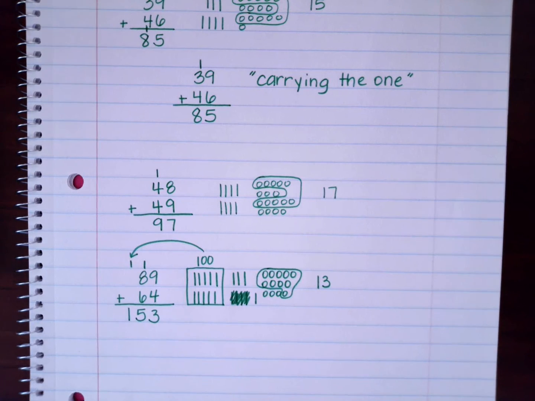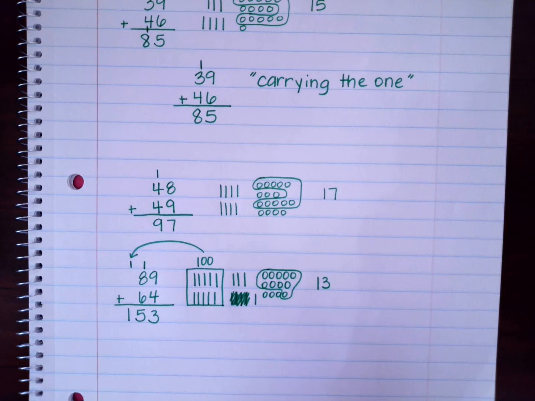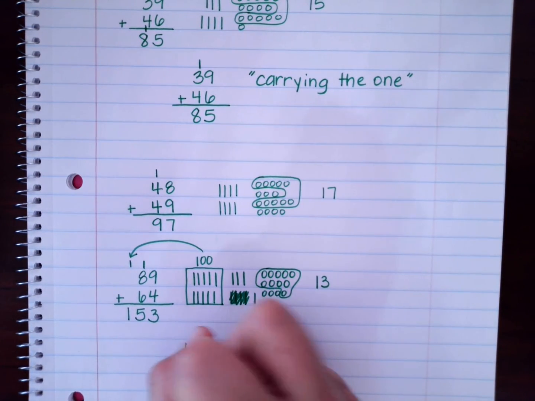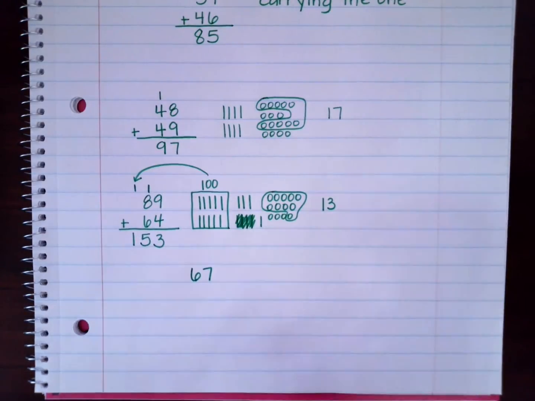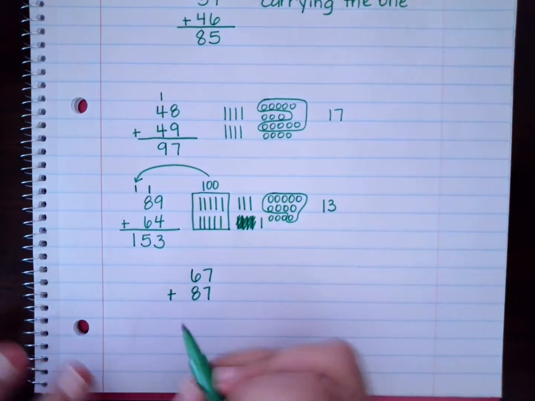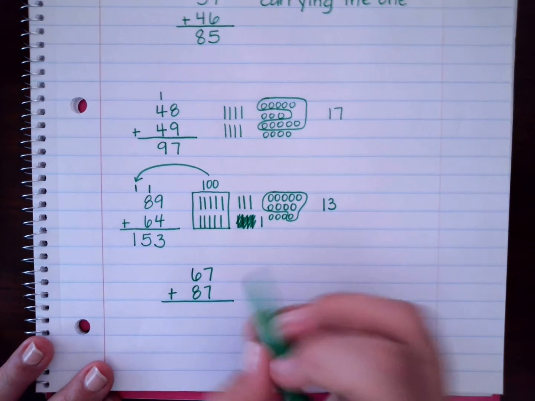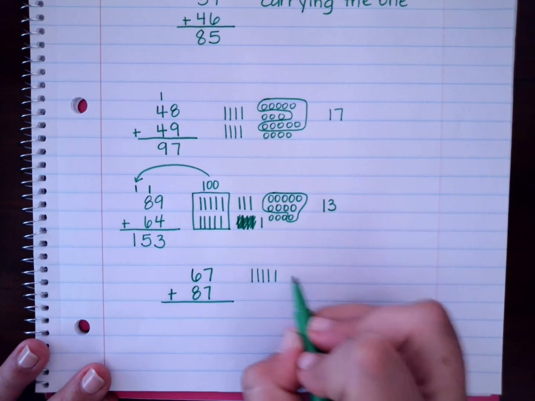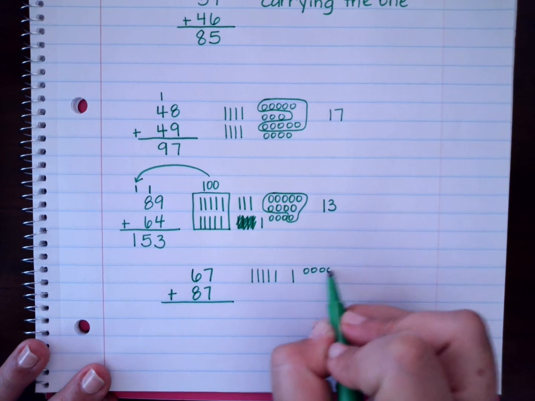These are a little bit harder, but we're going to get better and better at them. Let's go ahead and do another problem. Let's see what happens with this one. How about 67 plus 87? I'm going to draw my numbers correctly this time.